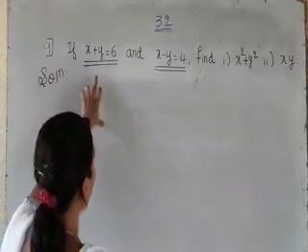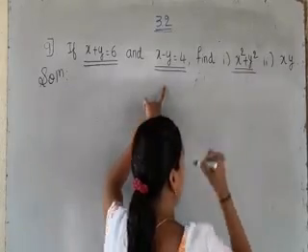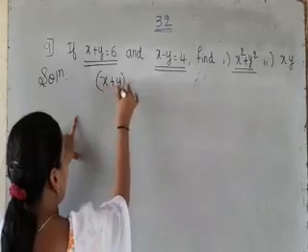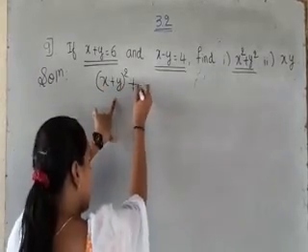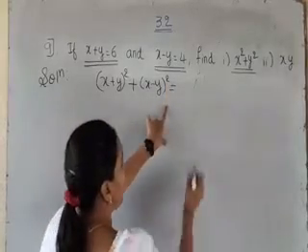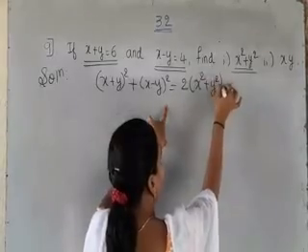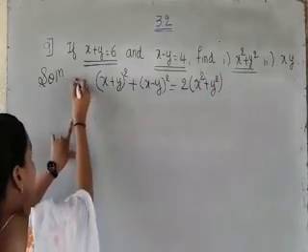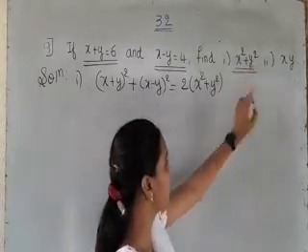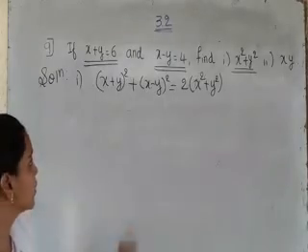When they give both the values and ask for x square plus y square, we have to use this formula: (x plus y) whole square plus (x minus y) whole square is equal to what? 2 times (x square plus y square). This is the first one. Understood? If they asked to find x square plus y square by giving these two values, this identity we have to use.